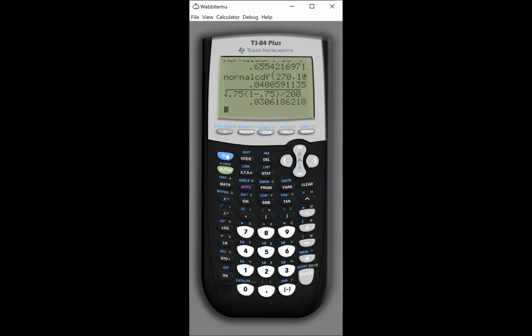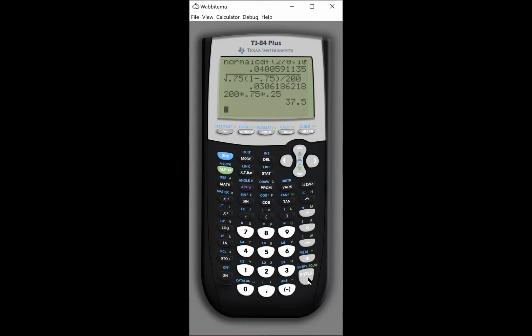All right, so for this one, 200 times 0.75 times... if you do 1 minus 0.75, you get 0.25, so I'm not going to put 1 minus 0.75 because I don't want to do that extra work.